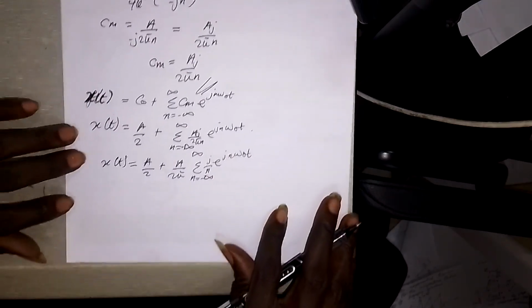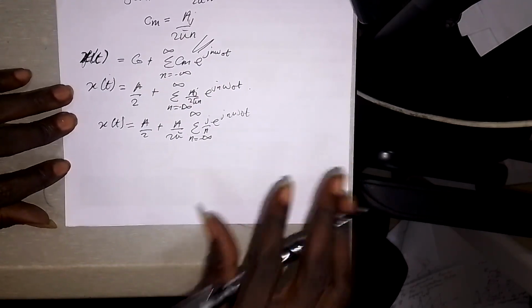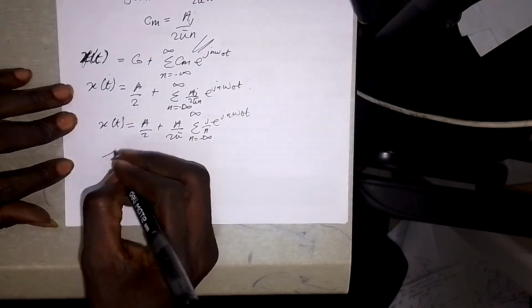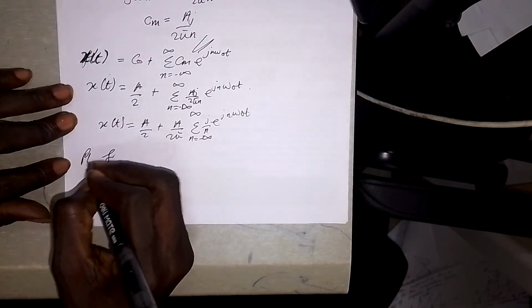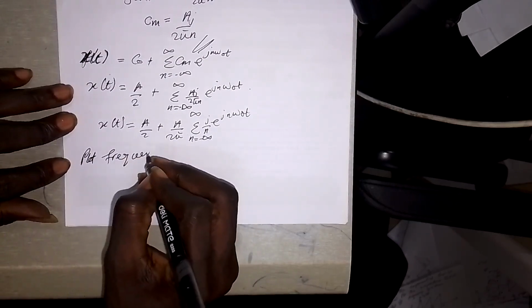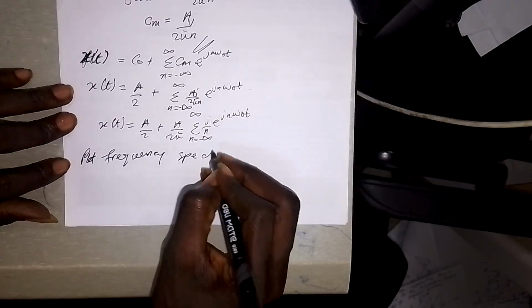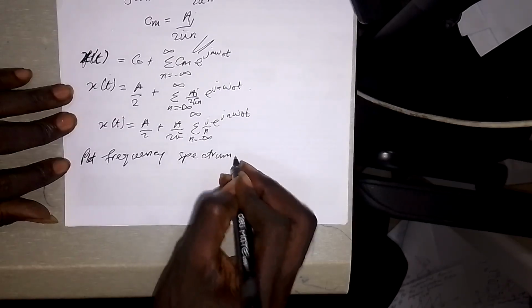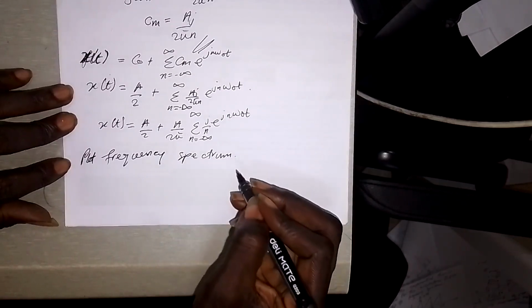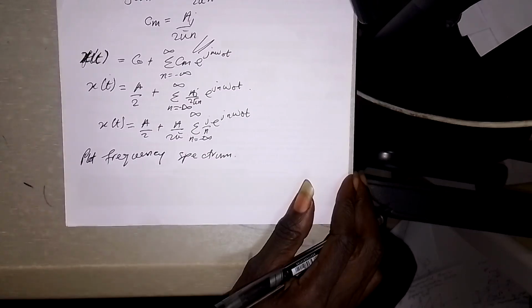Now, very important with the exponential Fourier series is to plot your frequency spectrum. So the frequency spectrum is nothing but a plot of the amplitude with the frequency. It's a plot of the amplitude with the frequency.